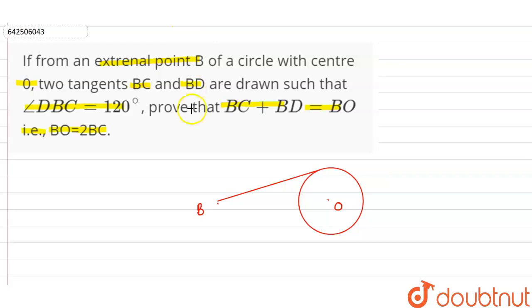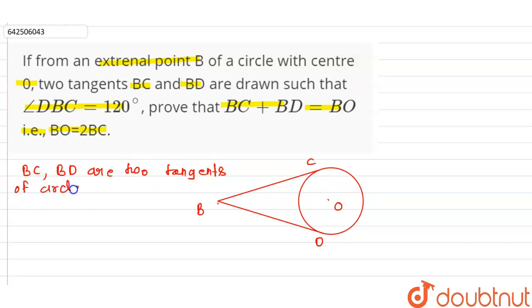Let's suppose this point is C and this point is D. So BC and BD are two tangents of a circle from an external point B.